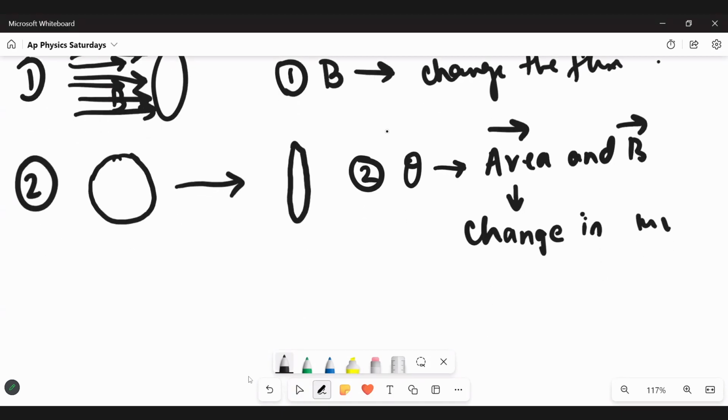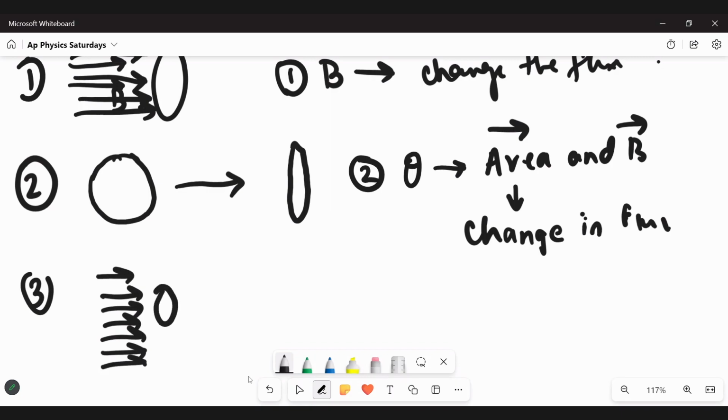Last thing, number 3. For example, you have some magnetic field lines here. Now you have a small area here. Then the same magnetic field but a bigger area.